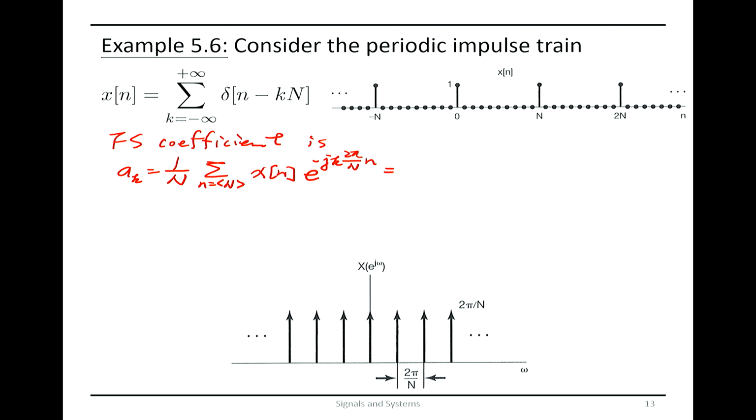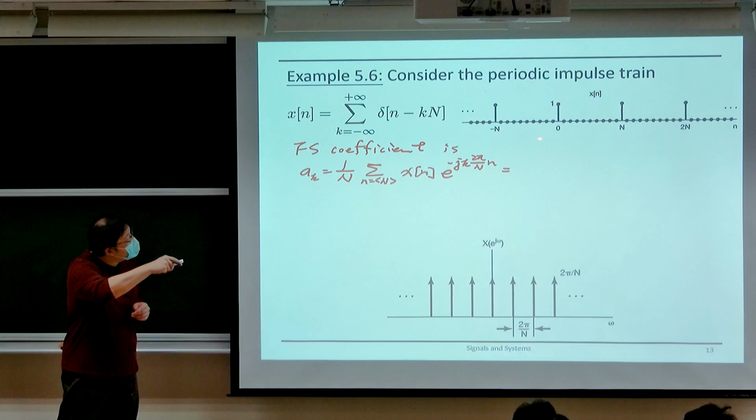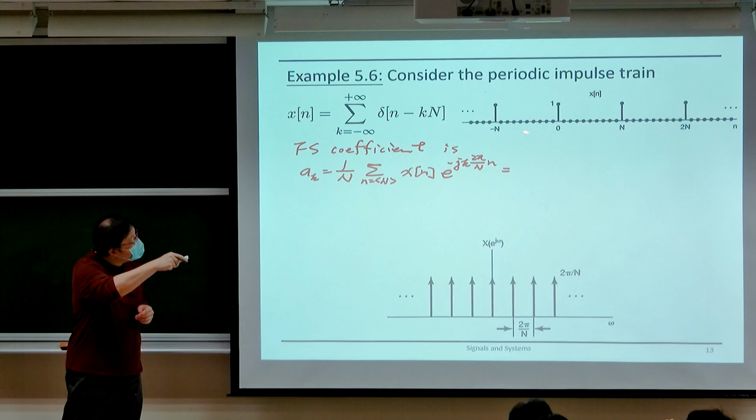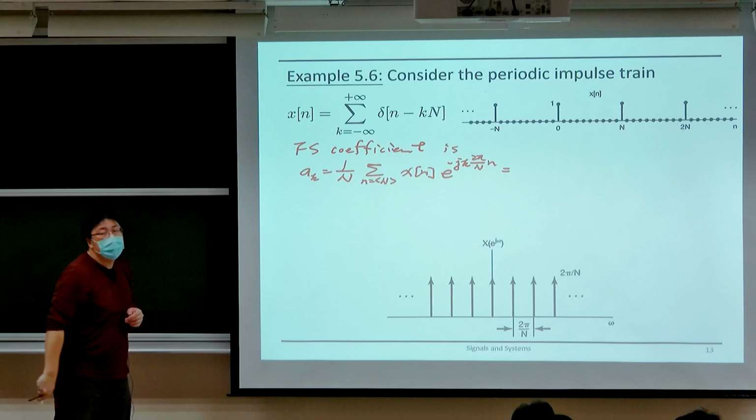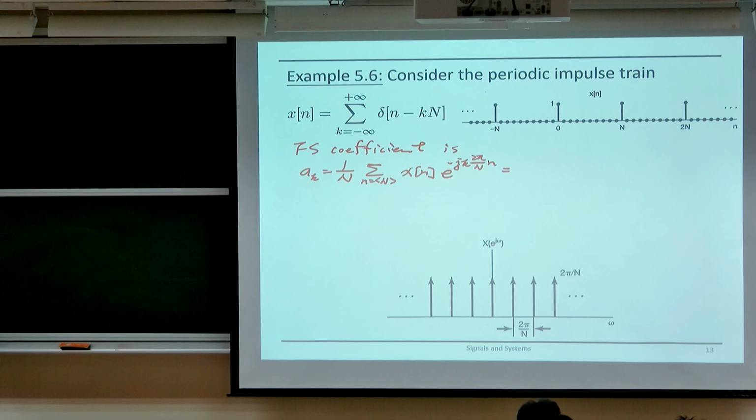So this is summing over one period. Suppose you sum over a period covering n equal to 0, then what you have here is just 1 over N. And this holds for all k.